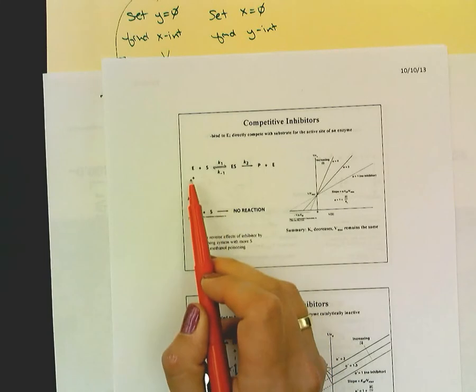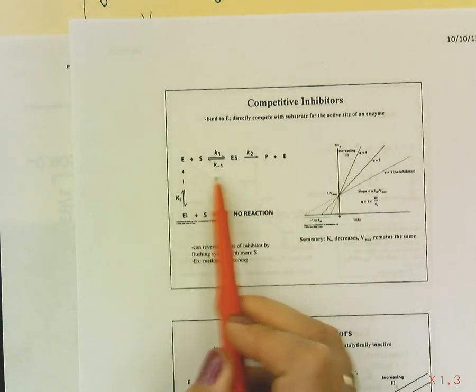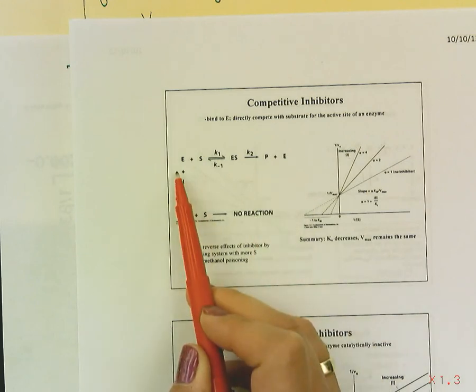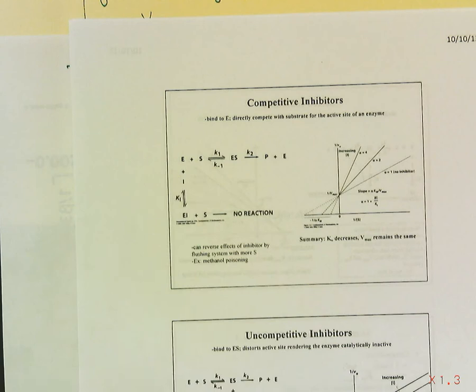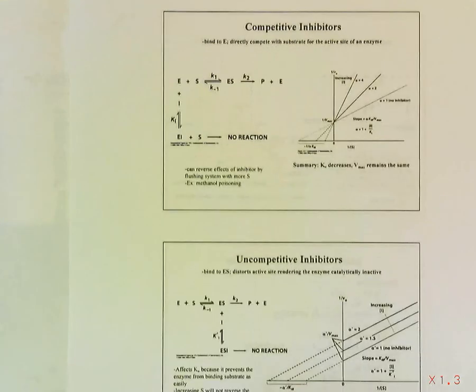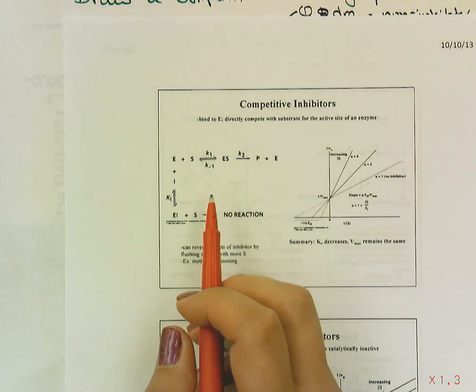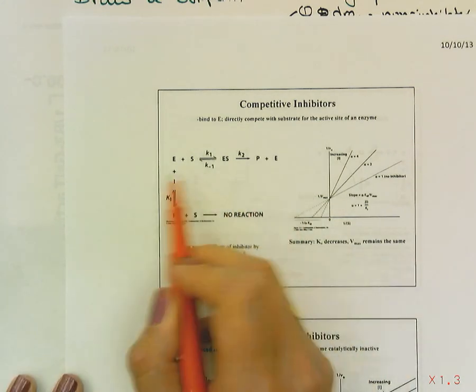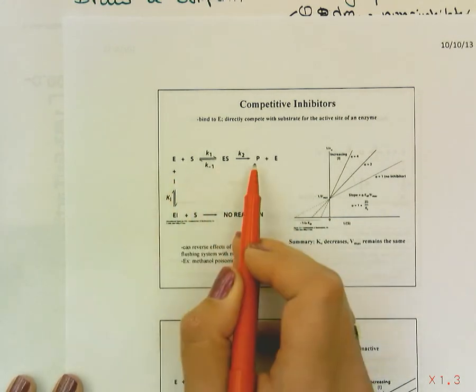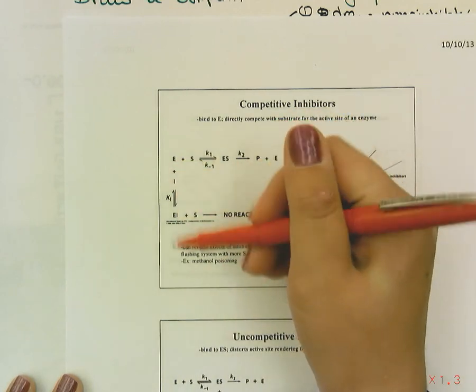So here's my equation, right? E plus S, K1, K this way. No, the one we were confused on was the uncompetitive. This one we were all straight on. So if you think about it, it can either go this way or it can go this way.